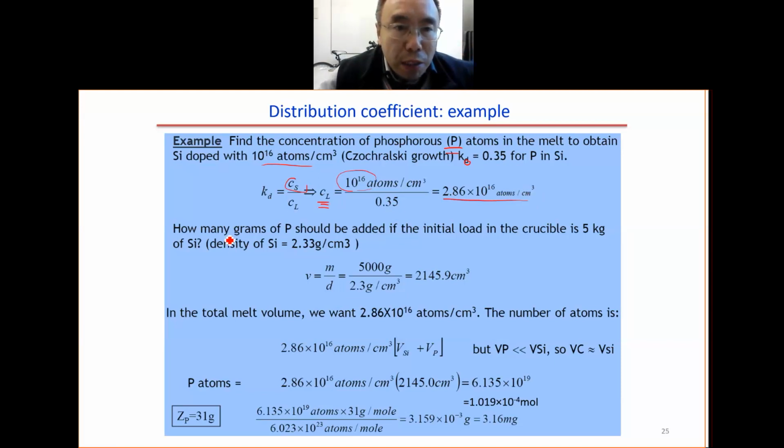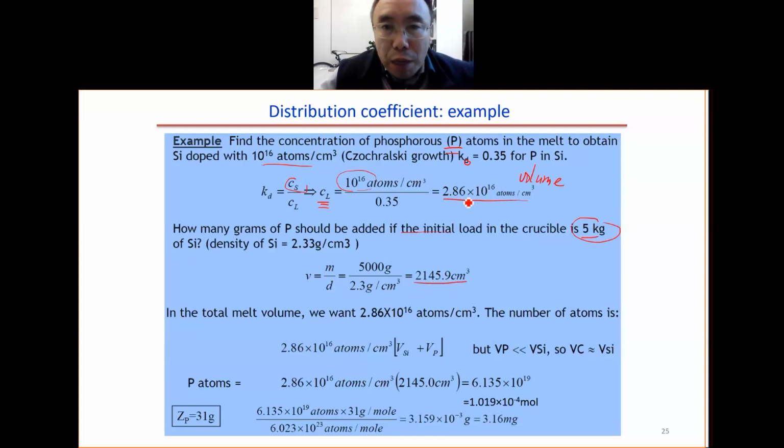Next, we want to know how many grams of phosphorus should be added to the load, that is 5 kilograms, in order to have this dopant concentration. You see we have atoms per volume, so we need to find the volume of this 5 kilograms of silicon. Volume is given by mass divided by density, which gives you this number.